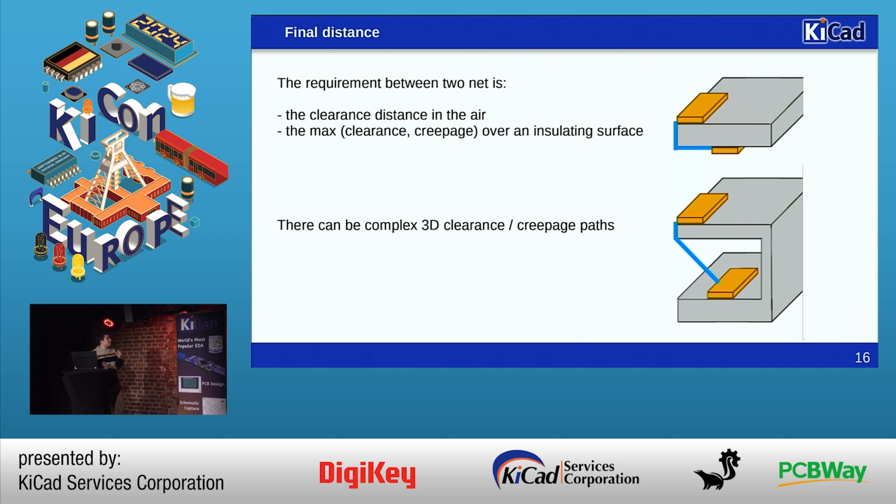So you need to take the maximum of the two. And the issue arises when you try to get all the paths in your product, because they can get pretty complicated. If you are stacking boards and stuff like that, it gets complicated pretty quickly. But I'll come to that later.